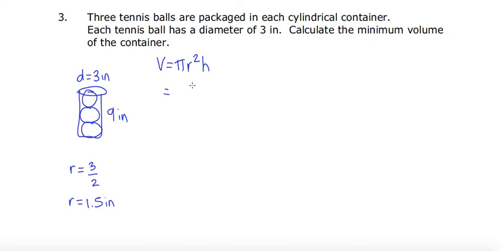So now I'm going to use that information to substitute in the numbers for my variables. So 3.14 times 1.5 squared times my height of 9. I must do my exponents first. So 1.5 squared is 2.25.